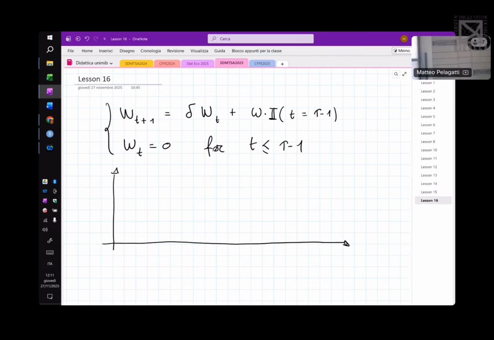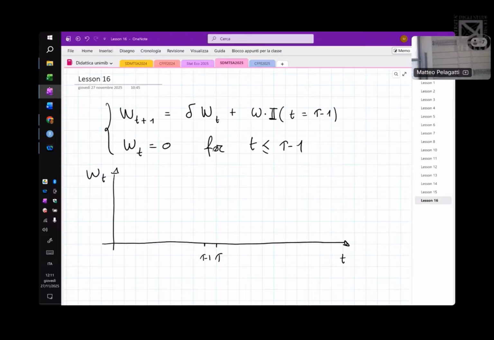So this is W_t, and this is the time, and this is tau, but we're actually more interested in tau minus 1, because as I told you, if I model it now, the effect would be the next month.